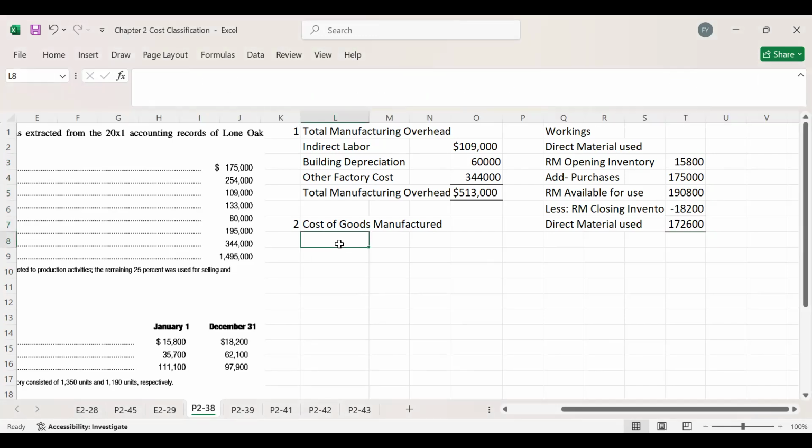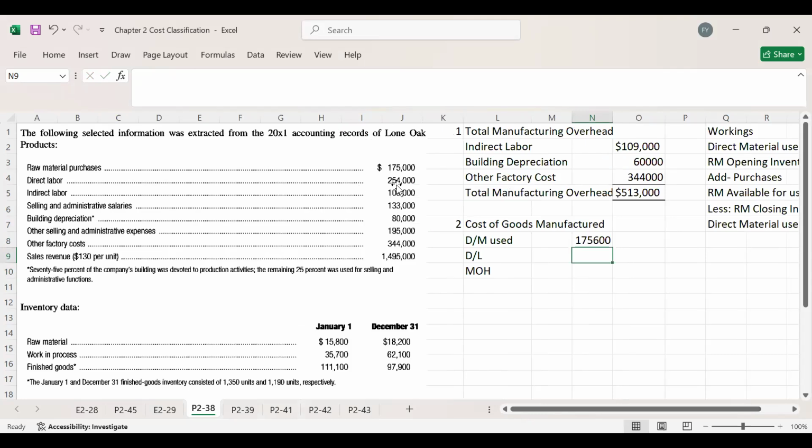So while calculating cost of goods manufactured, we need raw material or direct material used. Then the second thing which is required is direct labor, and the third thing is manufacturing overhead. Raw material used we have calculated, and direct labor is given. You can see here it is $254,000.